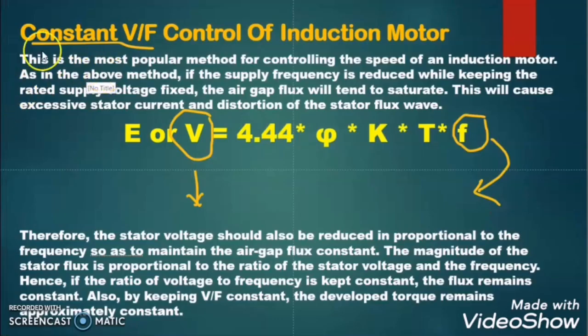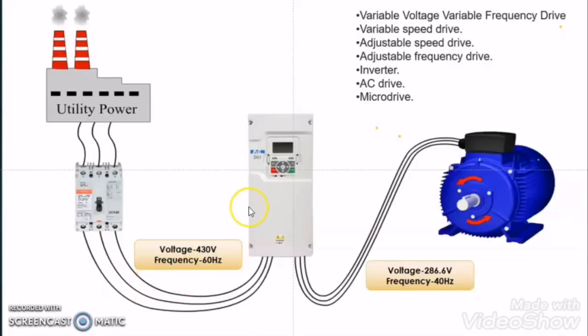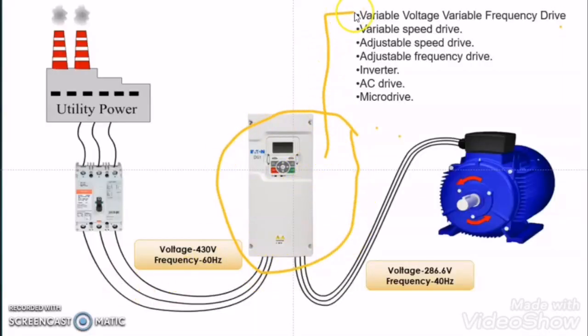The method we discussed here, the constant voltage frequency ratio method for speed control of the induction motor, is the working function of the variable frequency drive. That is why the variable frequency drive is also called a variable voltage variable frequency drive, as the VFD not only changes the frequency but also the magnitude of the voltage.